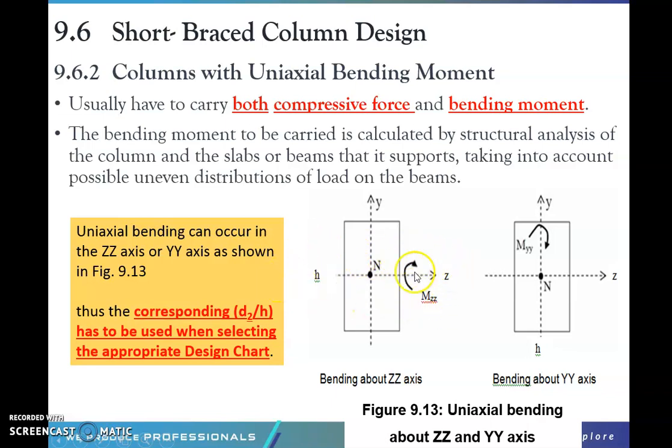On the other hand, kalau kita nak kira moment in YY axis, kita punya corresponding H dah bertukar. So bila kita nak guna design chart, kita perlu tahu corresponding D2 over H, depends on axis mana yang kita guna nanti. We will see more detail in the example later.